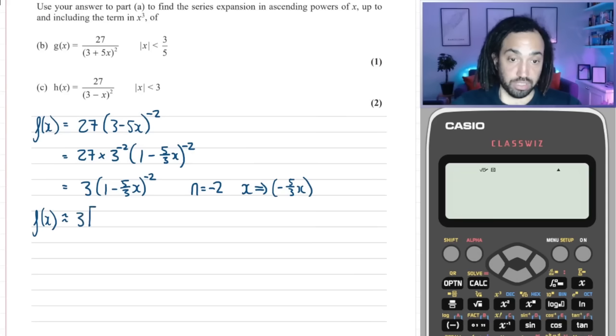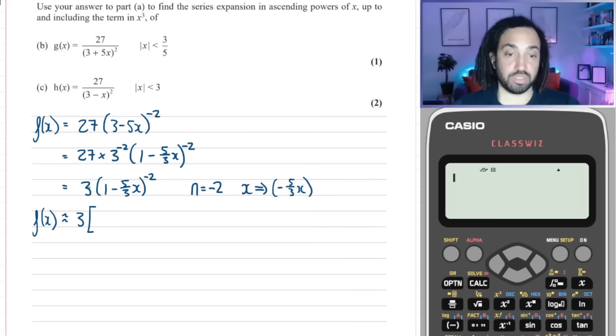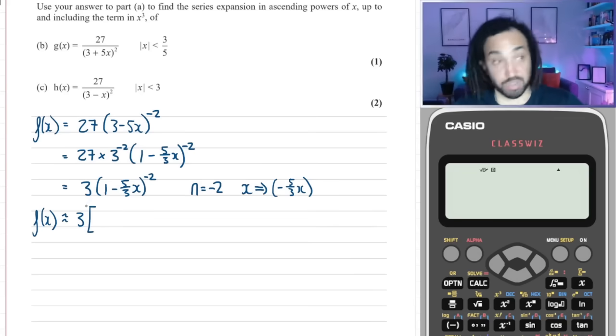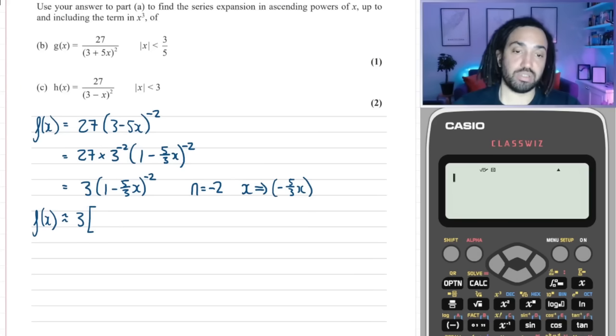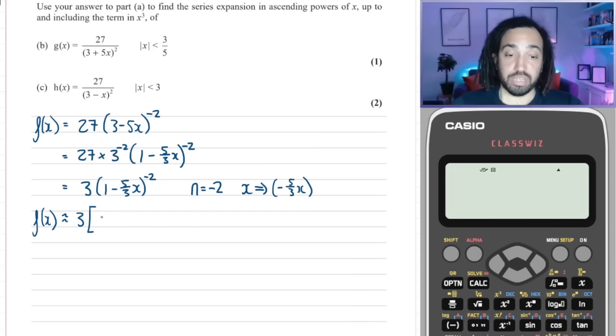3 lots of, because the 3, we're just going to get that out of the way. But don't forget about it, because how many times have I done this and forgotten that constant outside. Anyway, it's 1 plus nx is the start of the formula.